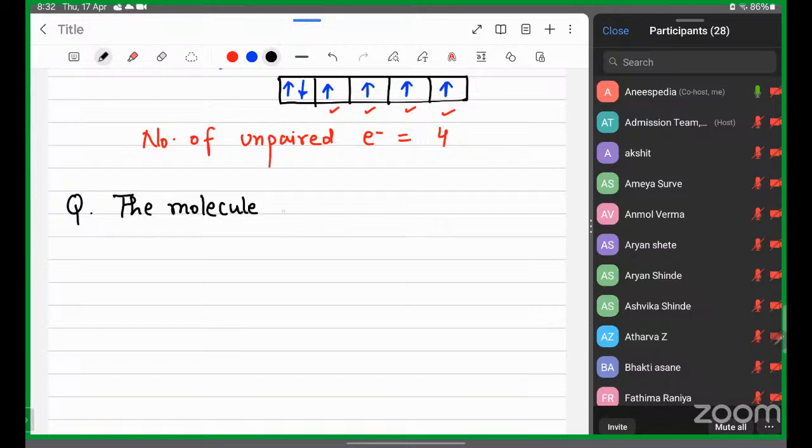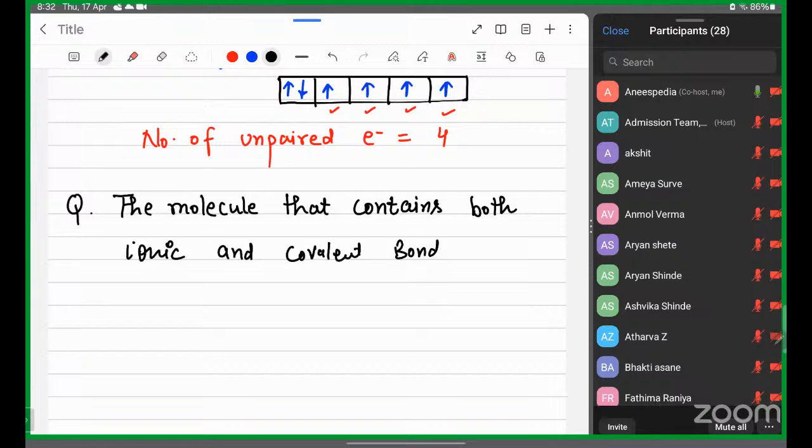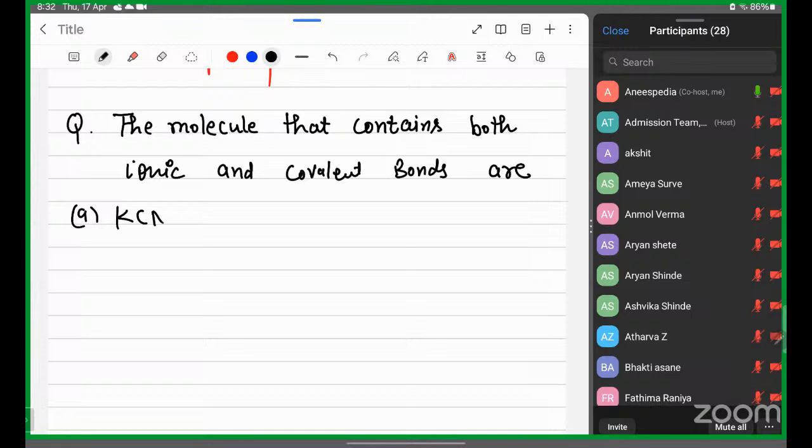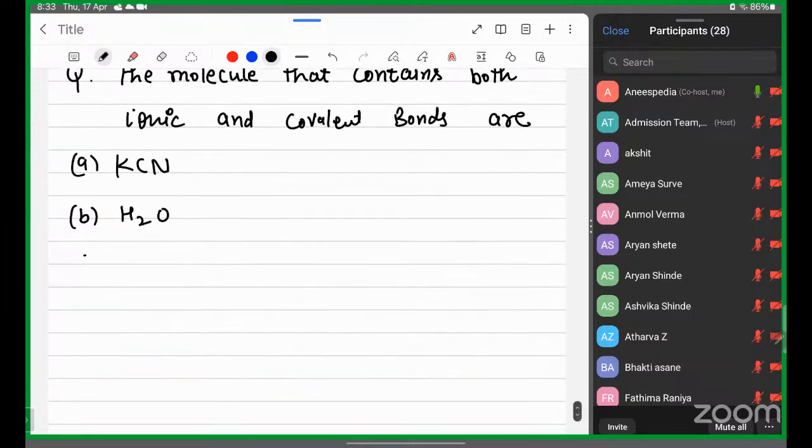The molecule that contains both ionic and covalent bonds is: option A is KCN, option B is H2O, option C is H2O2, and option D is NaCl.